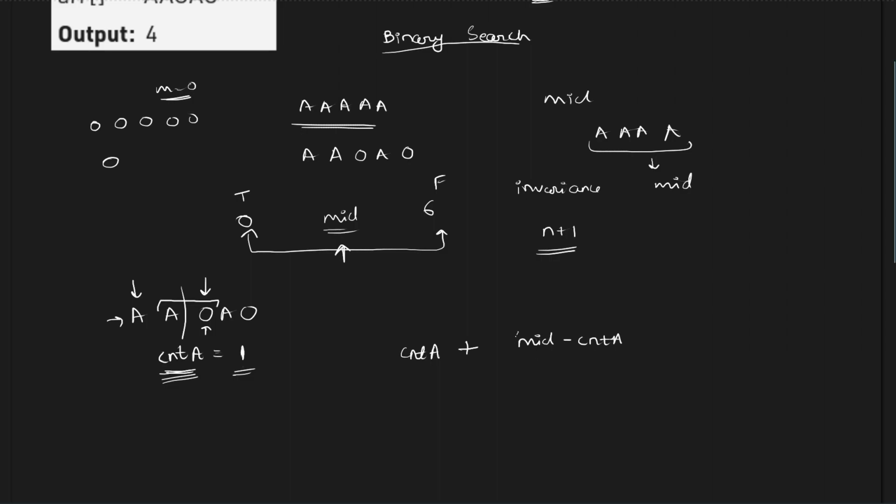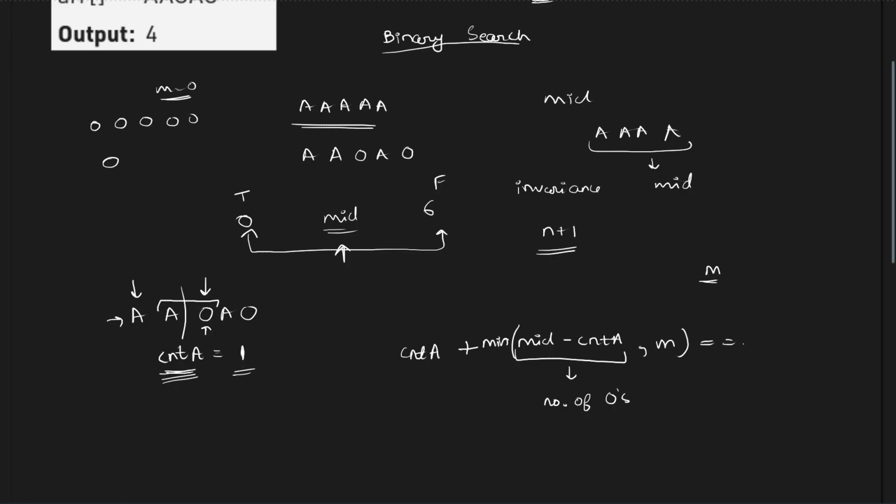So mid minus the count of A will give me the number of O's, the number of oranges. So I can change at most m number of oranges into A's. So I take the minimum of this particular number and m.